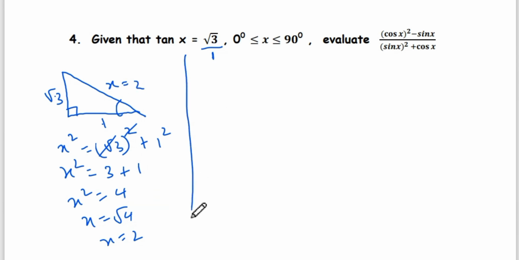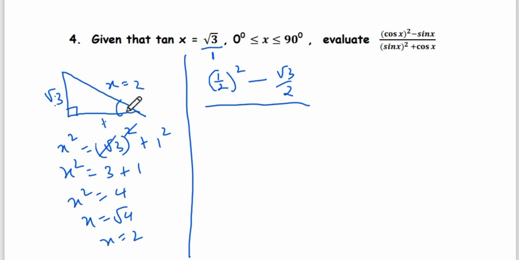So cos squared x: cos is adjacent over hypotenuse, that's 1 over 2 squared, minus sin x, which is opposite over hypotenuse, that's root 3 over 2, divided by sin x squared.